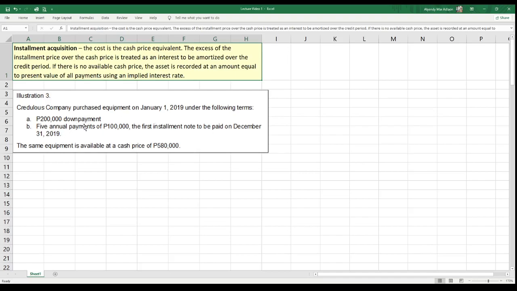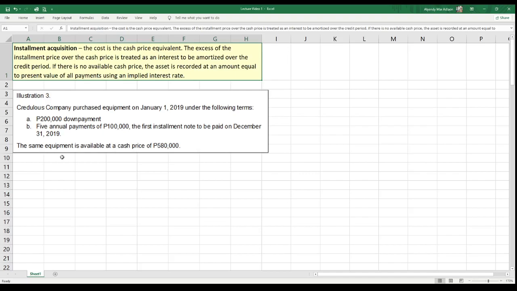That means after 1 year gikan sa iyahang pagpalit. So at the time nga nagpalit siya, 200,000, and 1 year thereafter, or at the end of the year, magbayad siya og 100,000 per year. Okay? And that would constitute 5 annual payments.